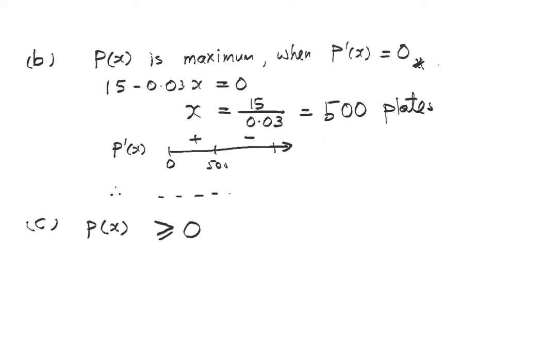Got it? So now you sketch the graph. The graph should go like that. Am I right? This is a profit function. Do you get that? So can you find this value and this value?